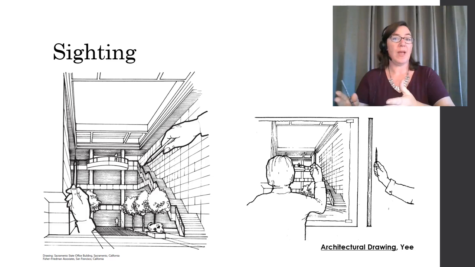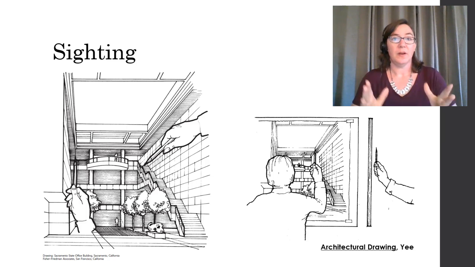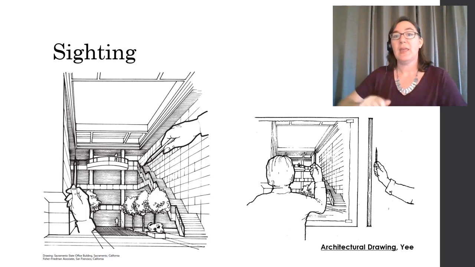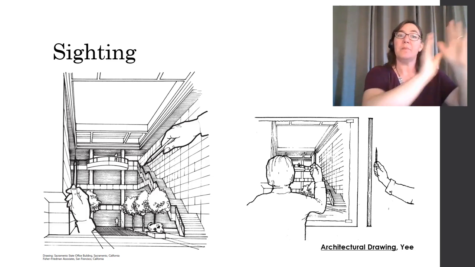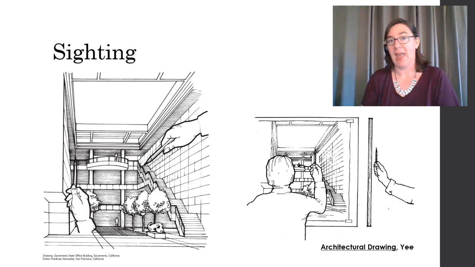Then over to the right, this is an illustration of that same artist sitting in the same location within the courtyard, but they have their easel or their drawing board set up, and they are transferring the measurements that they see to the measurements on the page.